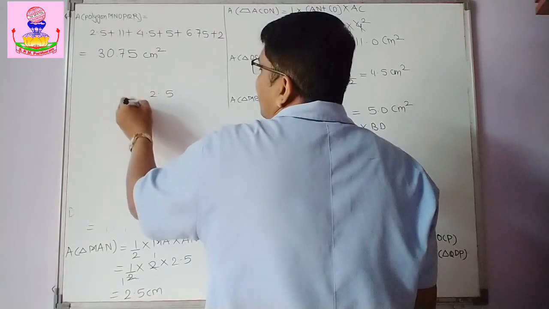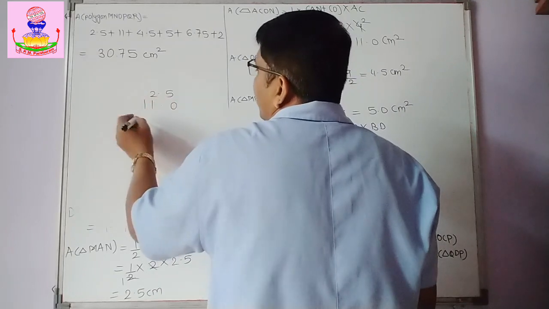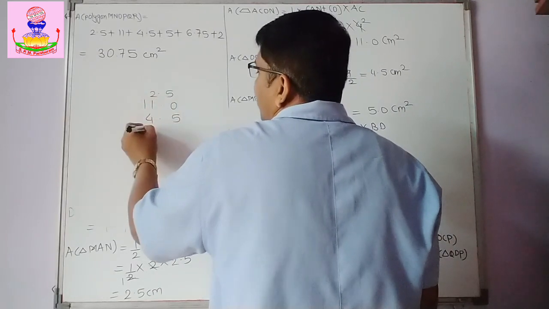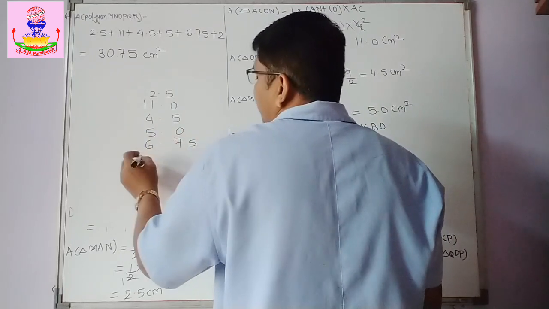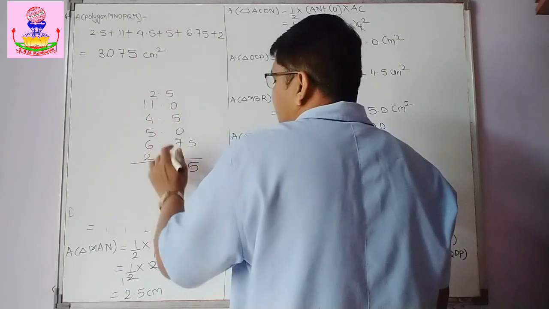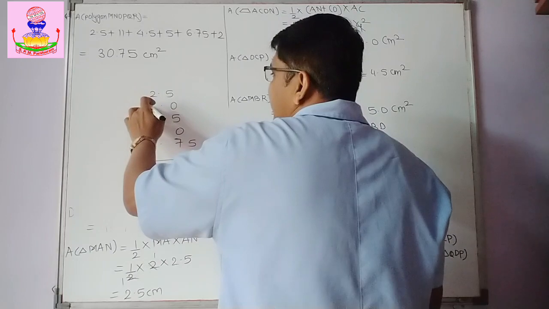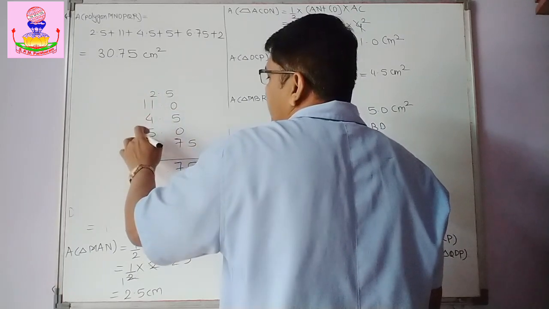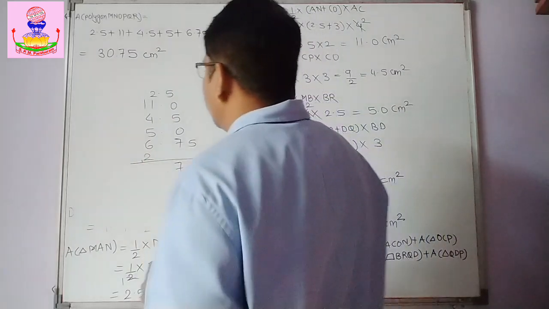We'll write it like this, vertical, so there is no mistake. So 11.0. Then 4.5. Then 5.0. Then 6.75. And then 2. Add them. 5 plus 5, 10 plus 7, 17. 1 carry on. 2 plus 1, 3. 3 plus 4, 7 plus 5, 12. 12 plus 6, 18. 20, 21.